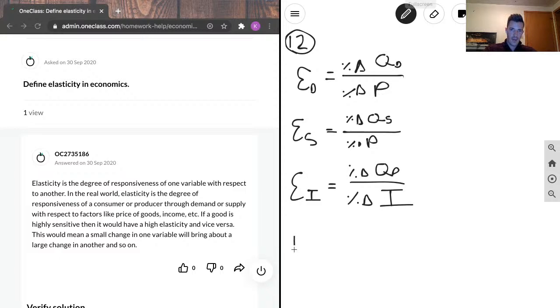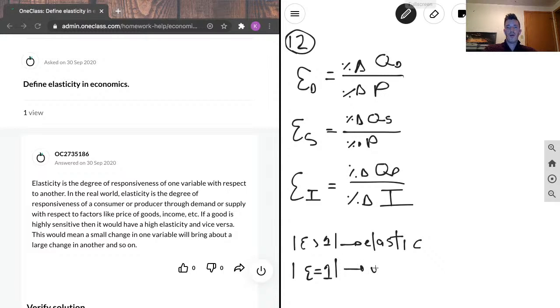And again, if elasticity is greater than 1, we can say that it is elastic. And as our junior tutor said, when something is elastic, it is highly responsive to a change in the denominator. We can have an elasticity equal to 1.